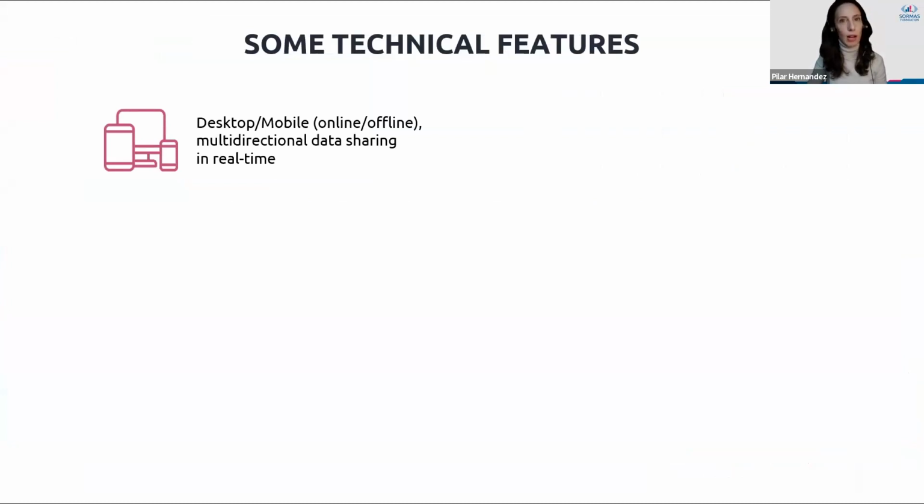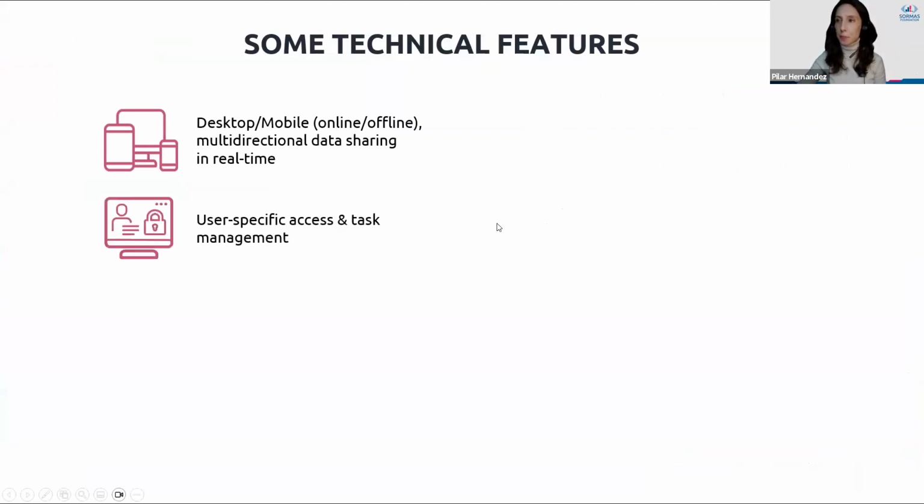It can be used online and offline. As I mentioned before, it allows multi-directional data sharing, not only bottom-up or top-down, but multi-directional between different users. And it's real time. And this is obviously very important when it comes to controlling outbreaks.